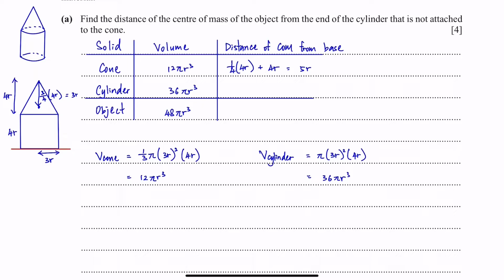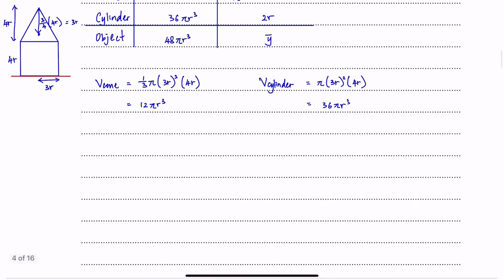And for the COM for the cylinder, it's easy, it's just right in the middle, right? So this is 4r, this will be 2r, this would be 2r. So the distance here is just 2r. And the center of mass of the object is the thing that we need to find, right? Let's call it y bar. So how do we find y bar?